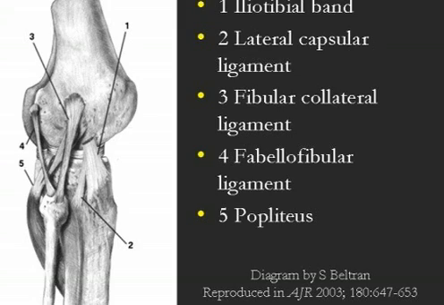And I want to point out this very lateral attachment of the fibular collateral ligament to the fibular head. This ligament here, the fabellofibular ligament, has a much more medial and posterior attachment to the fibula. And then the popliteus tendon, which is here, number 5.